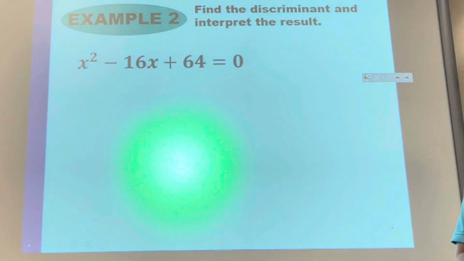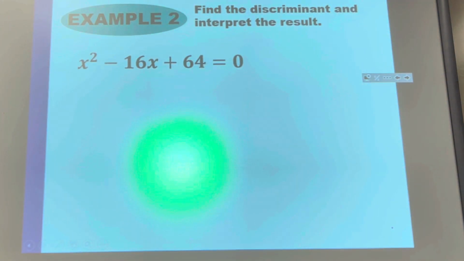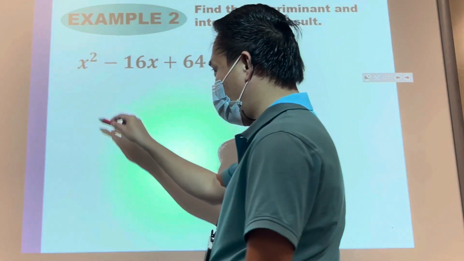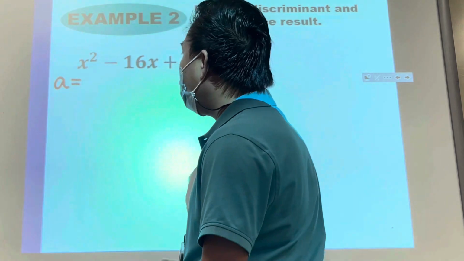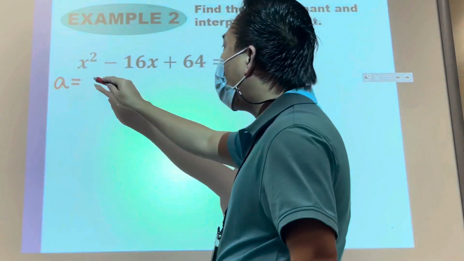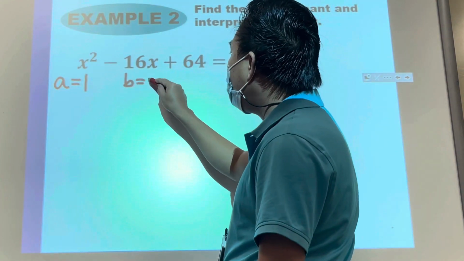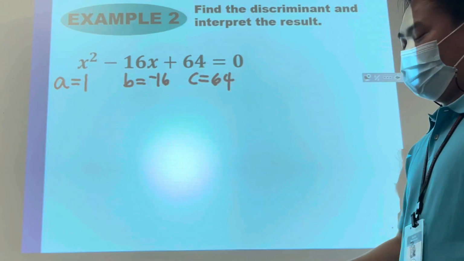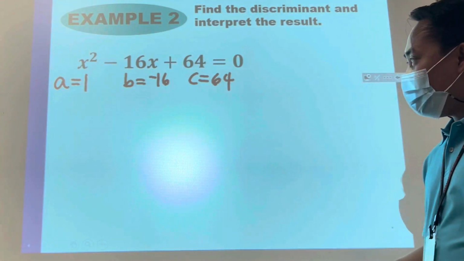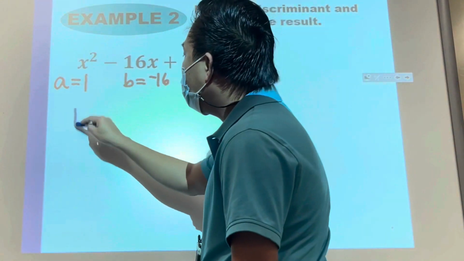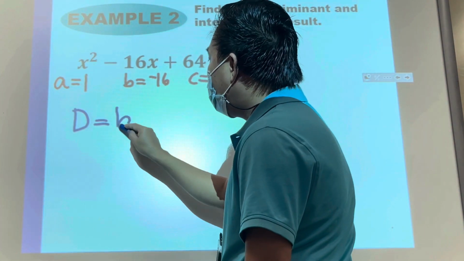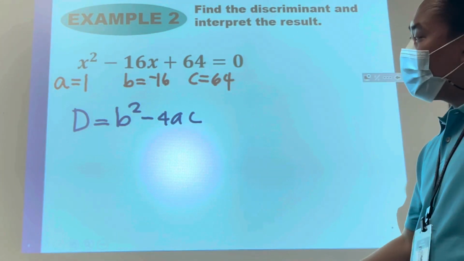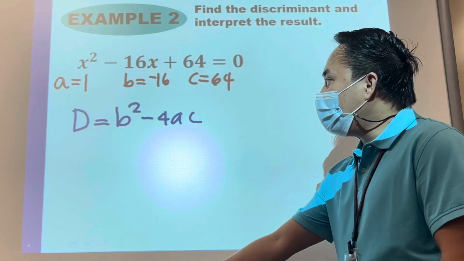Second example. We'll find the discriminant. Step number 1 is to find a, b, c. Here a is 1, b is negative 16, c is 64. Then we compute for the discriminant, capital D. The formula is b squared minus 4ac. Plug in a, b, c.